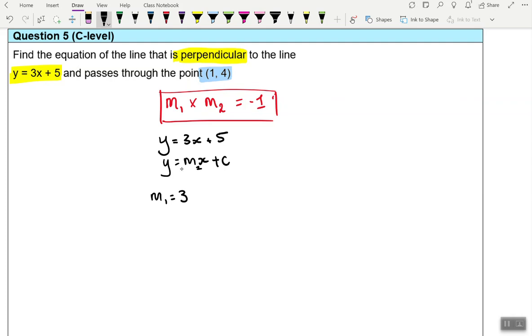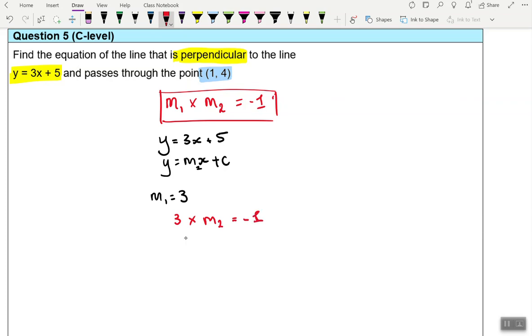So if m1 is 3, I will then use this formula to find what m2 is. So I'll substitute m1 to be 3. 3 times m2 is equal to -1.